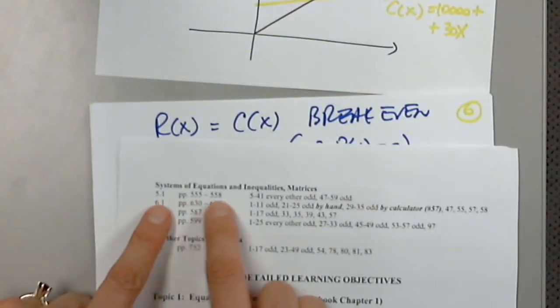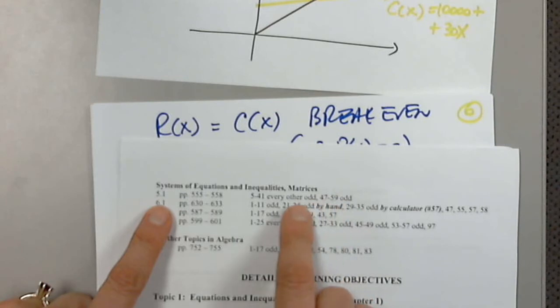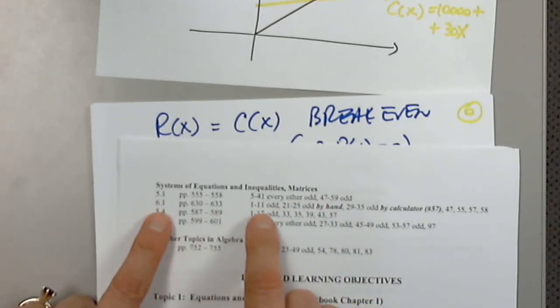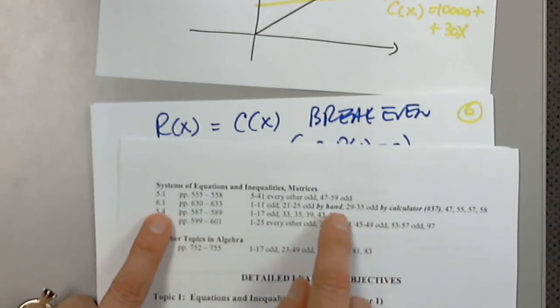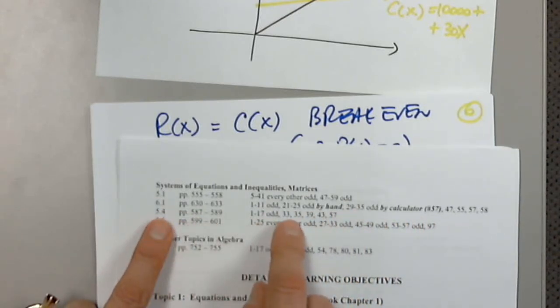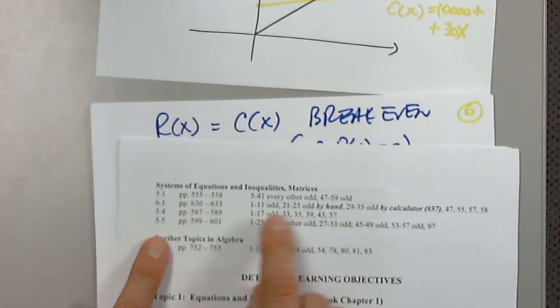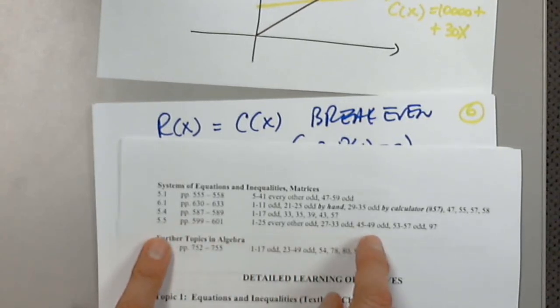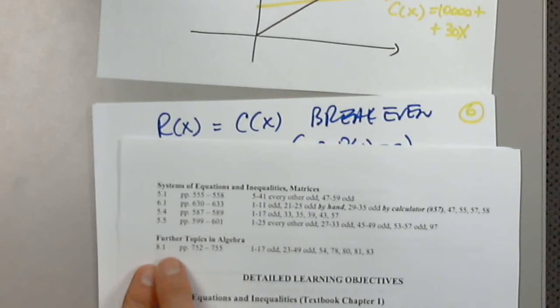Then 5.1, systems of linear equations, substitution and elimination. 6.1, Gauss-Jordan method. 5.4, nonlinear systems of equations. 5.5, nonlinear systems of inequalities, correct. And the last one, what we reviewed today, sequences. Any of the topics listed you would like to go back and review? Any questions?